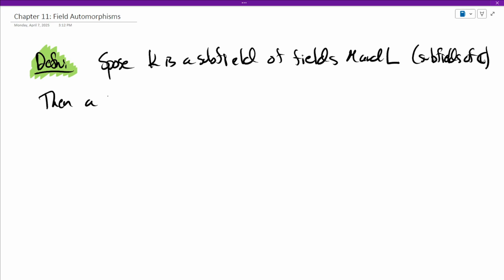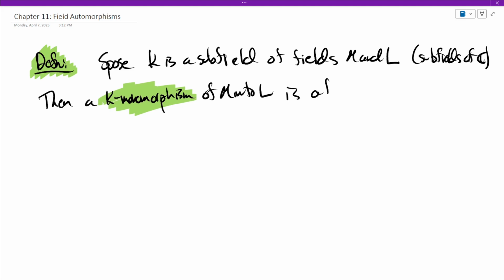A K-monomorphism is a special type of monomorphism. A K-monomorphism is a field monomorphism. So again, it's a special type of monomorphism.